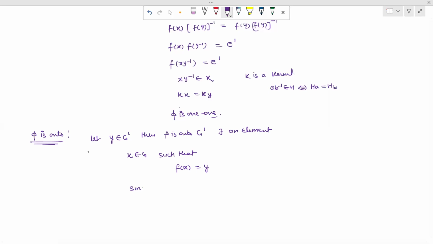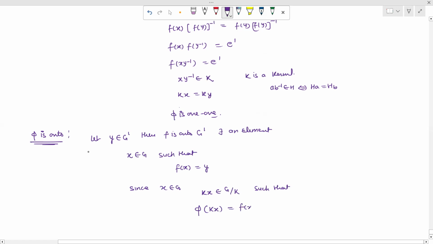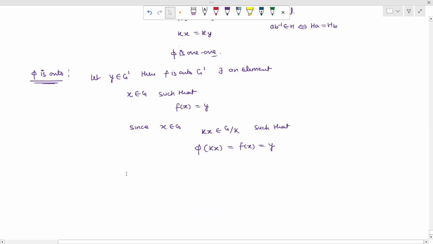Since x is an element of G, kx belongs to G over K, such that phi of kx is equal to f of x, which equals y, by the definition of function phi, using equation number 2.